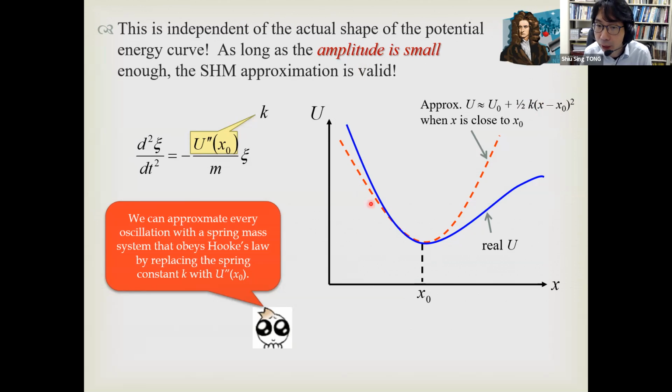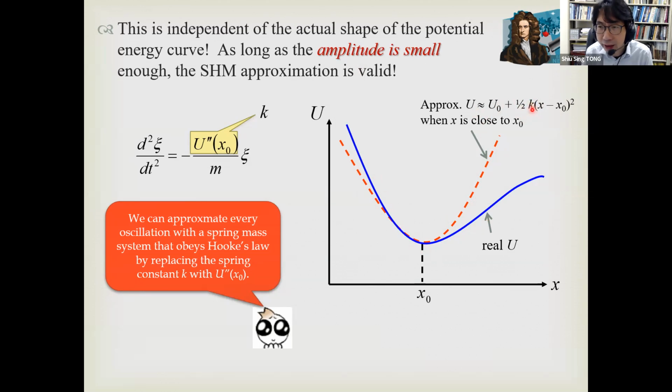So you now have a quadratic curve, a parabola, with a minimum in the same position as the original U curve. The two curves have the same minimum. So this is the idea.